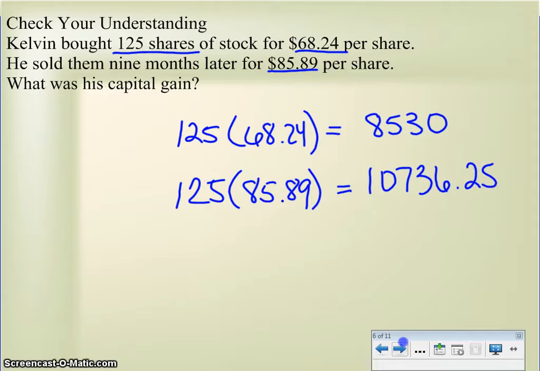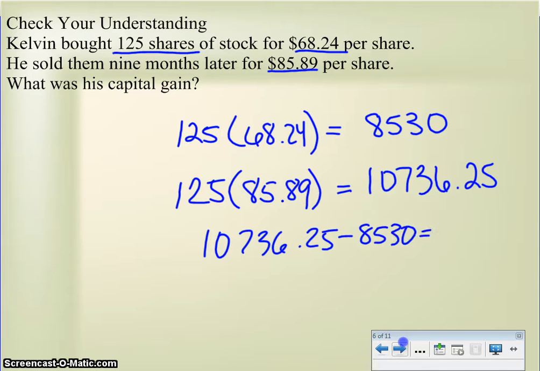So again, remember selling minus purchase. And we have a total gross gain of $2,206.25.